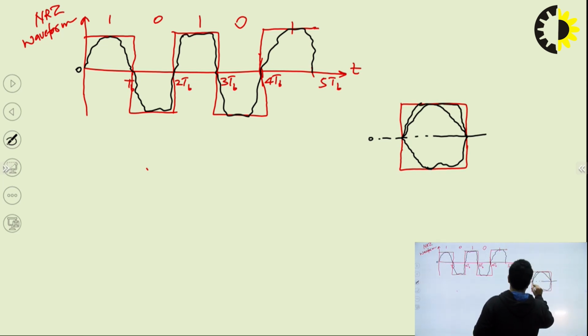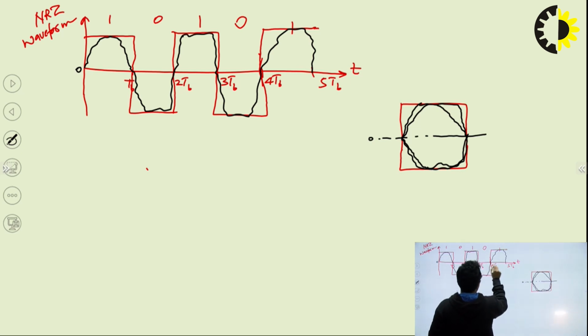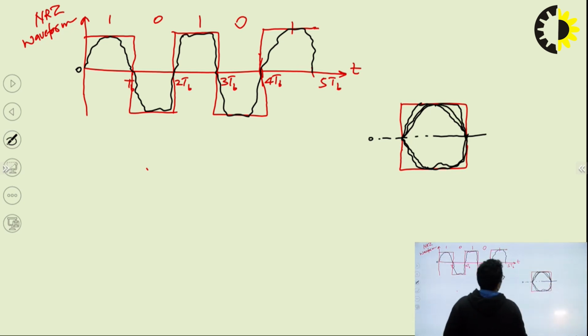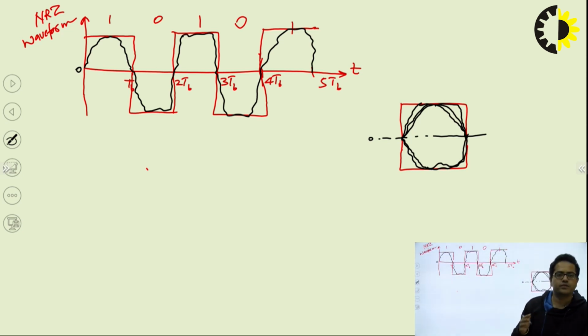And for this duration also the pattern is something like this. Again for 4 TB to 5 TB it is something like this, right? So in this way, when we are overlaying the incoming zeros and ones bit pattern, it will give us a figure which resembles an eye.